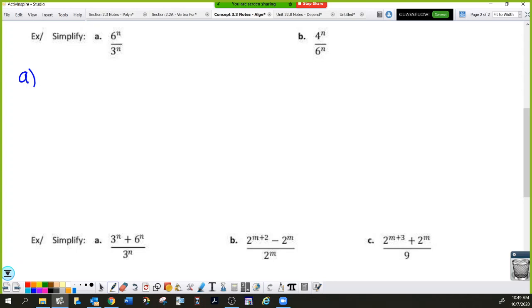Hey, do you guys remember that rule that says if you raise a fraction to an exponent, both the top and the bottom of that fraction get that exponent? So isn't it true that I could write this as 6 over 3 all raised to the n? Well, 6 over 3 is 2. I spoke before I looked.